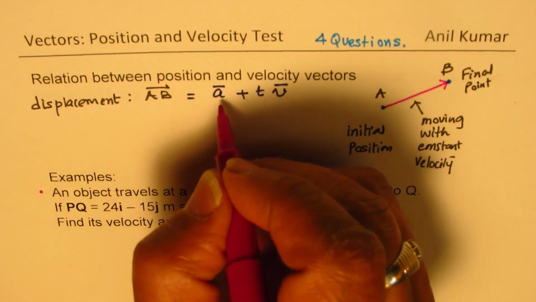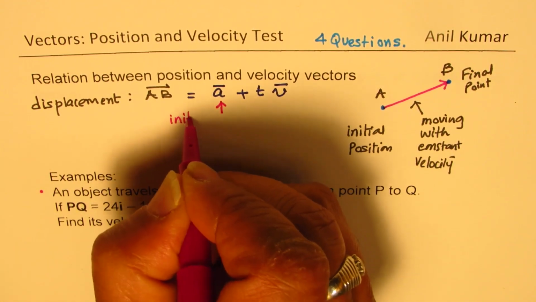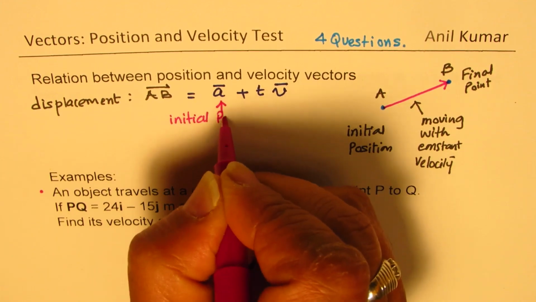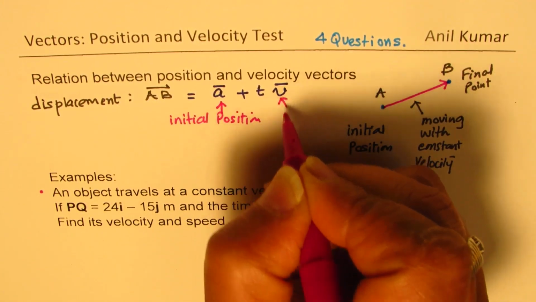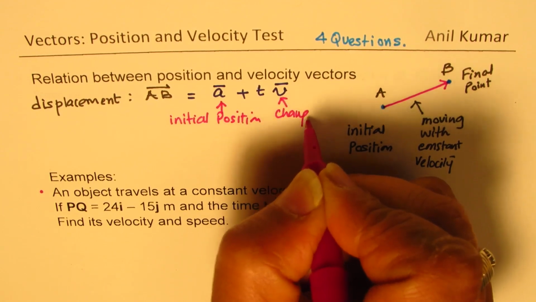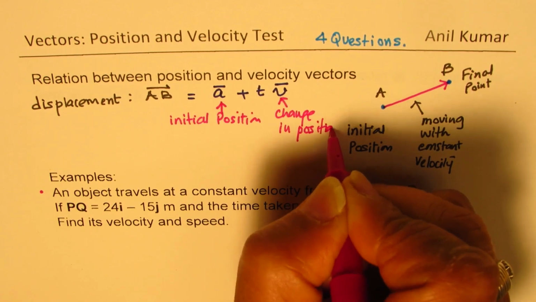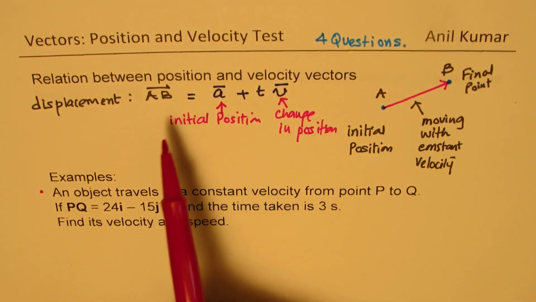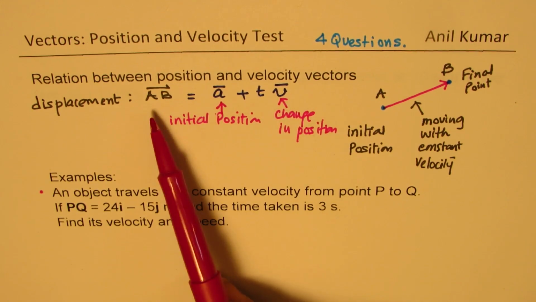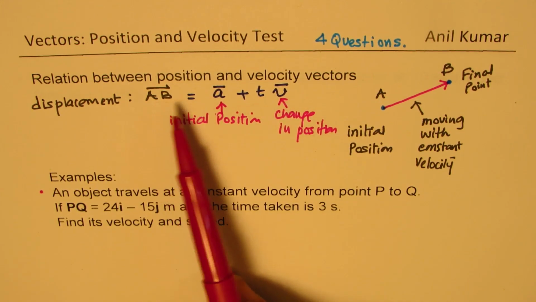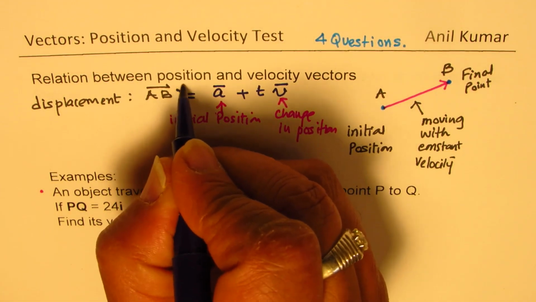So here we have this as our initial position, and this is change in position. Clear? So if you add the change in the position, you know the displacement. Well, I wrote AB, but I could just write it in general, R as a vector in a straight line, right?